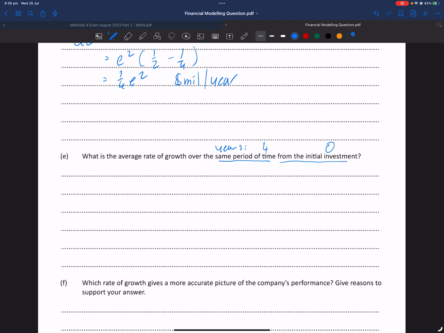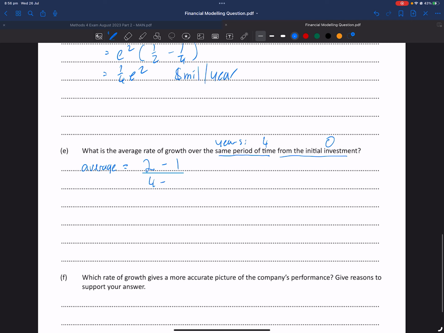And we do as follows. Average is equal to, we just use our straight line gradient formula for that. At 4 years, we know the capital was 2 million, and at 0 years it was 1 million, all over 4 minus 0.